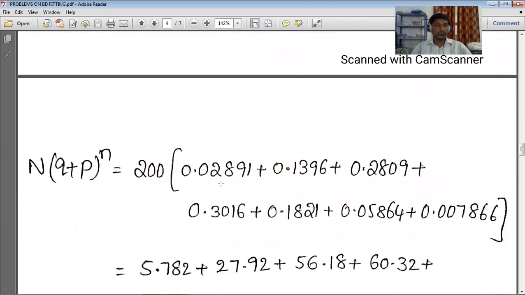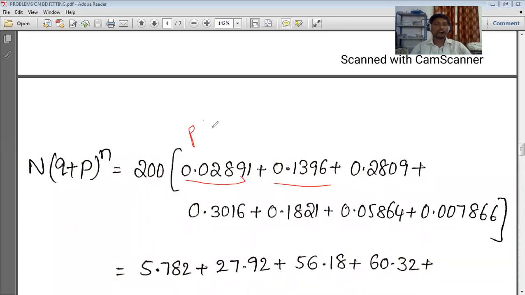After simplifying, these are the values we got: 0.02891 and next 0.1396. This is P of 0, this is the value of P of 1, then P of 2, P of 3, P of 4, P of 5 and P of 6.